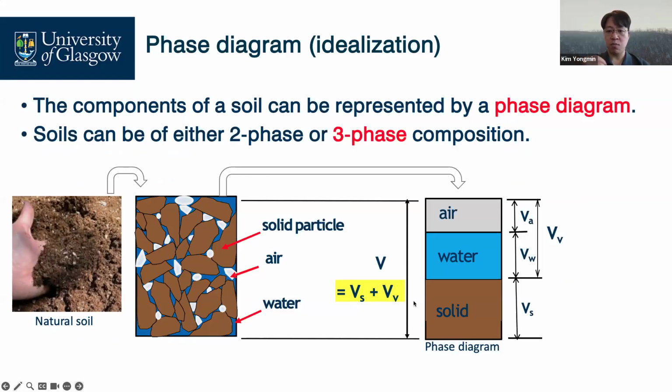This phase diagram can represent the components of soils: soil particles, air, and water. Without any external loads, the total volume should be constant, while the volume of pore air or water varies between 0 and the maximum volume, the total void volume. These relative proportions of each phase affect the soil's physical properties.